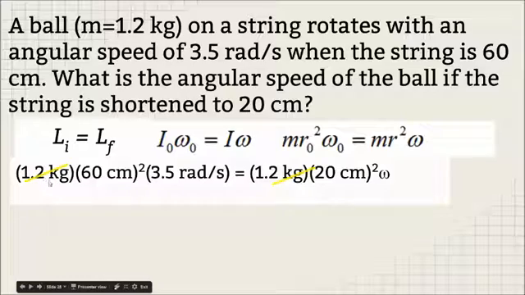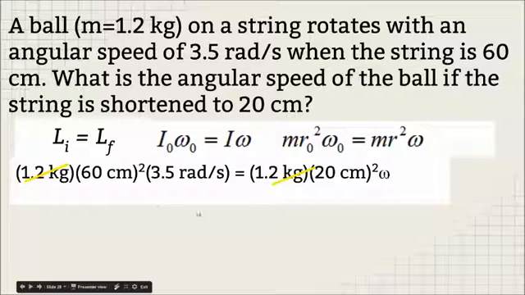So we take the 1.2 kilograms times 60 centimeters squared, that would be the mr squared, times the initial angular velocity, 3.5 radians per second. And that equals mr squared, which is 1.2 kilograms, 20 centimeters squared. Notice that I cross out the mass from both sides. You can do that because they don't change. So we could essentially do that in the formula up here, just take out the masses from both sides.